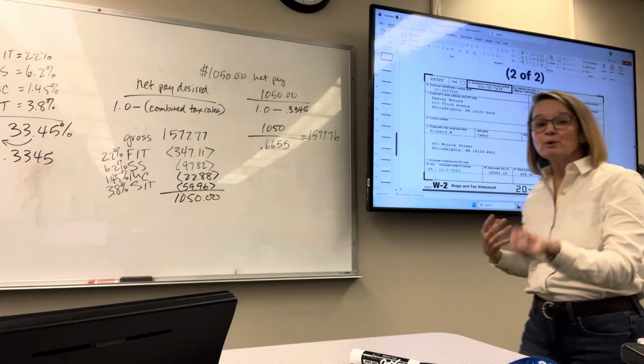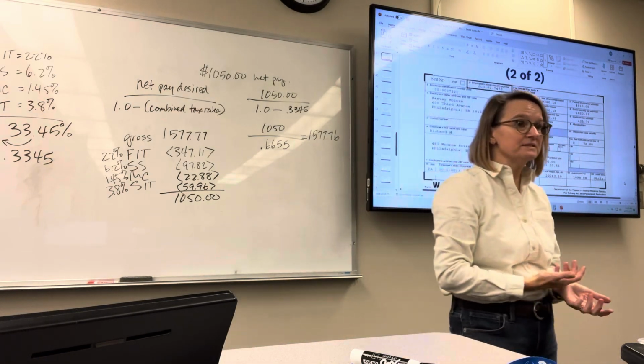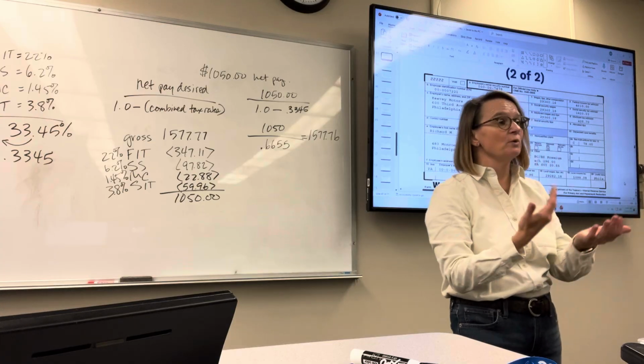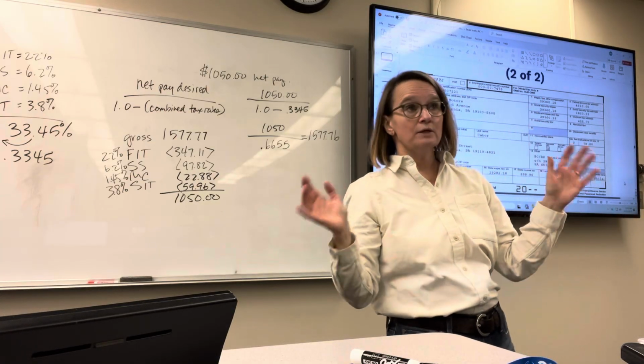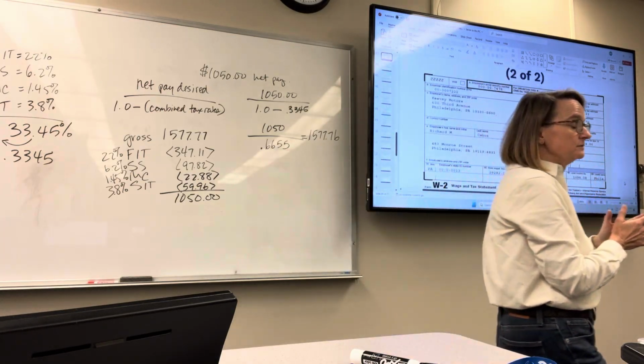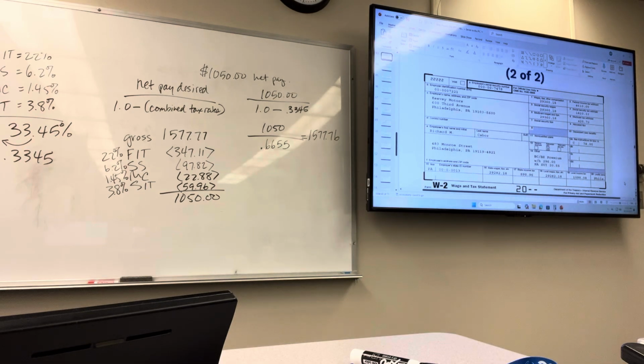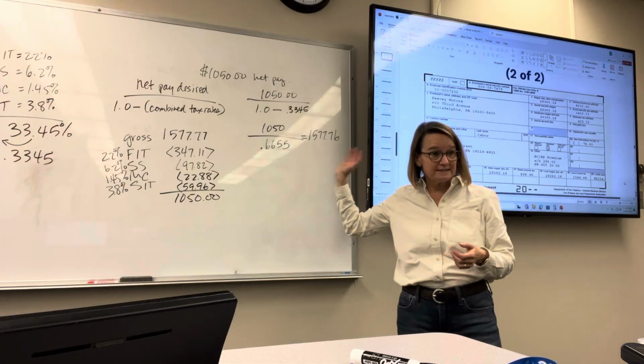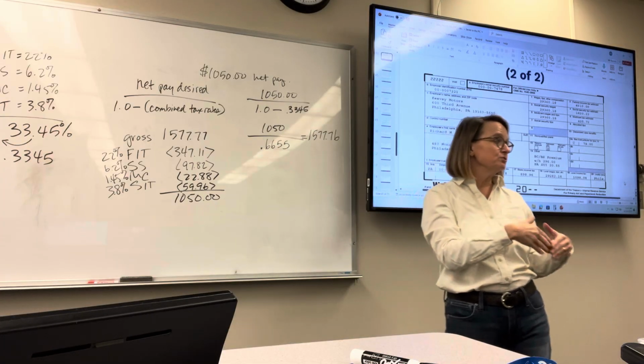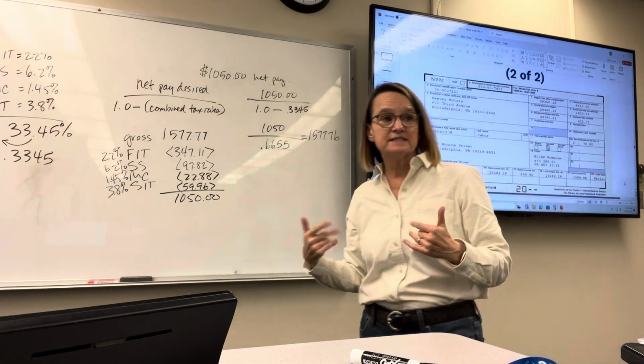The employee is going to get several copies of the W-2 because they're going to need it. In the olden days, when we actually filed paper returns and mailed in tax returns, we would attach a copy of the W-2 to each of the tax returns.